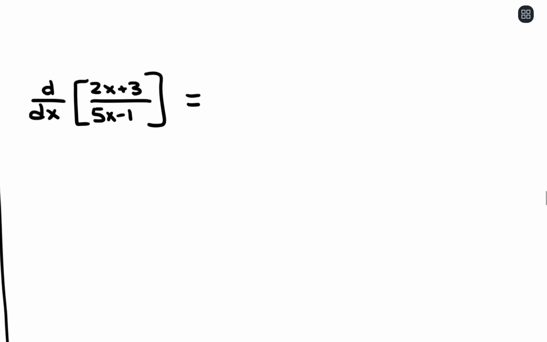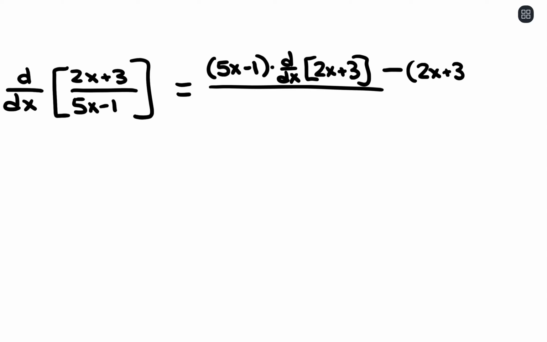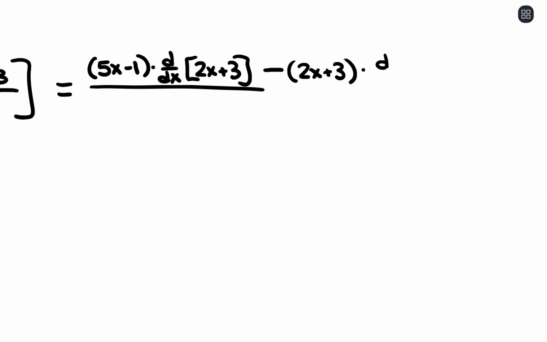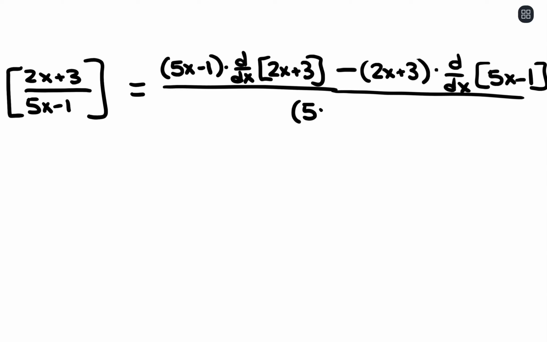So we start with the quotient rule. Low d high. So 5x minus 1 times the derivative of 2x plus 3, minus high d low, 2x plus 3 times the derivative of 5x minus 1, all over low low, so our denominator is 5x minus 1, and we're going to have that squared.